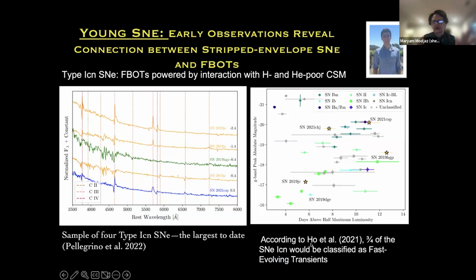So there's this Ho et al. sample that has been discussed before, and 3/4 of these are type Icn, which is this new type of supernova, a very small sample, but astrophysically very interesting. They would be called fast evolving transients if we didn't have spectra, which is this set of very early spectra that Craig Pellegrino worked on. So if you're interested in the physics, I suggest looking at the paper.